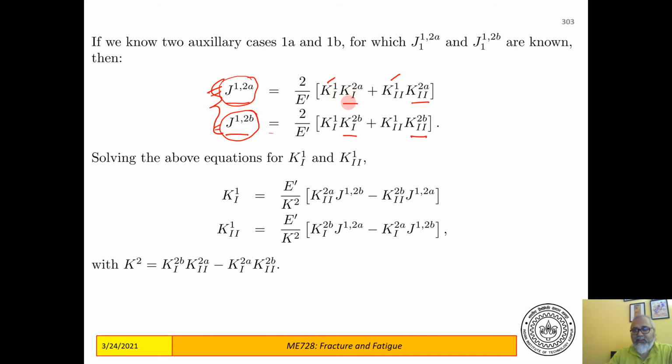In the right hand side, these things are known, and this is a set of simultaneous equations in this quantity and this quantity. We can solve it. This will be the result of that, and from here we can find K1 1 and K2 1 in a general case where this and this and this are known.